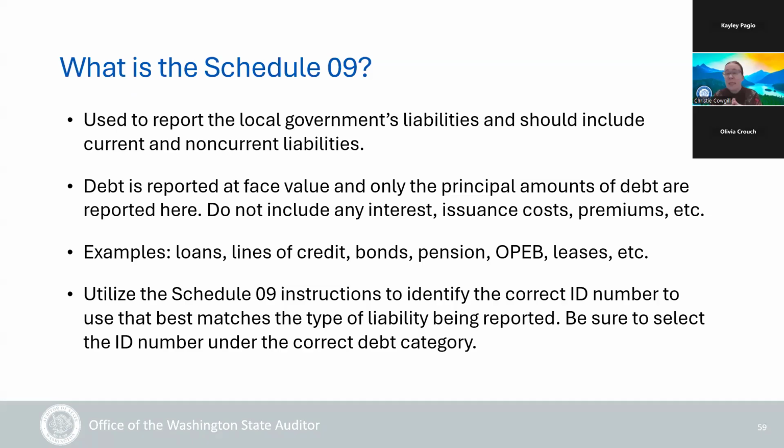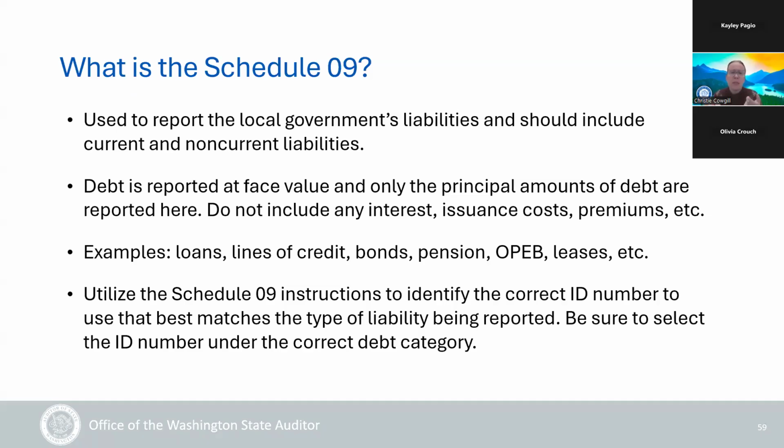That means things like interest, issuance costs, premiums or discounts, etc., are not reported on the Schedule 09. Some examples of liabilities reported on the Schedule 09 are loans, bonds, pensions, environmental liabilities, lines of credit, leases, etc.